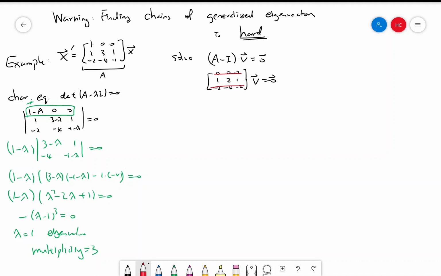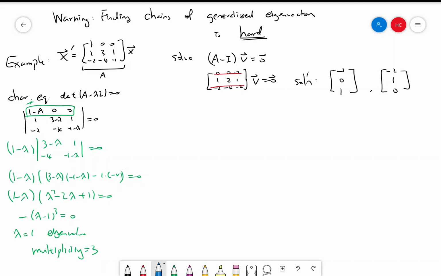So this has only one row that gives information, which means there are two free variables. So the solutions are, if you let the last one, v3, be the free variable, then v1 is going to be negative 1, v2 is going to be 0. If you let v2 be the free variable, then v1 is negative 2, v3 is 0. So these two are linearly independent solutions to this equation.